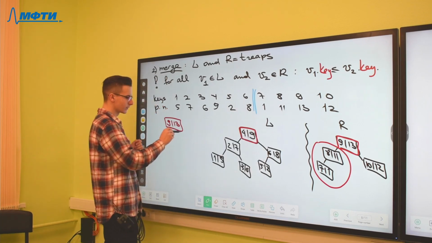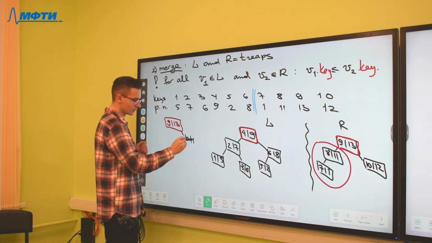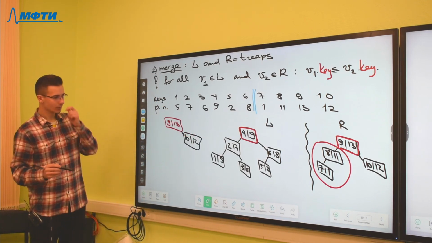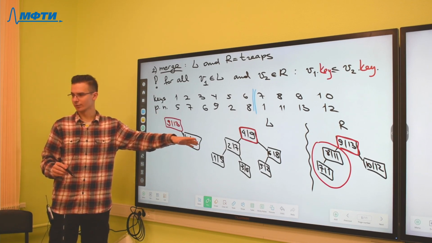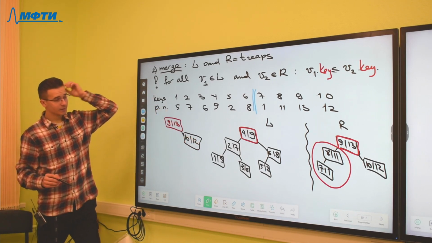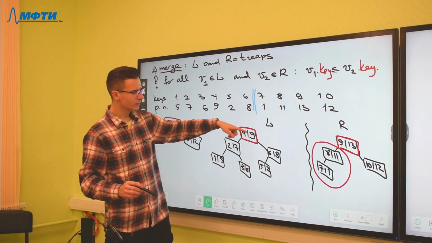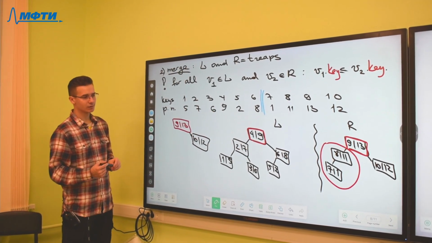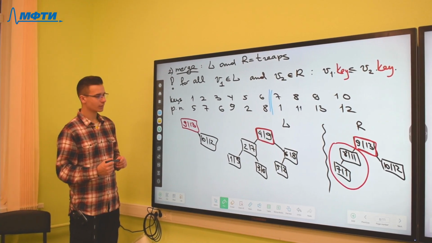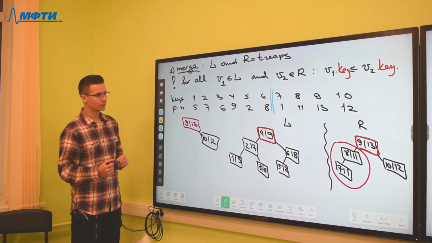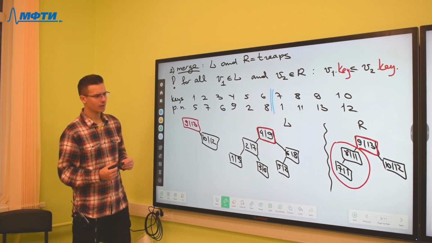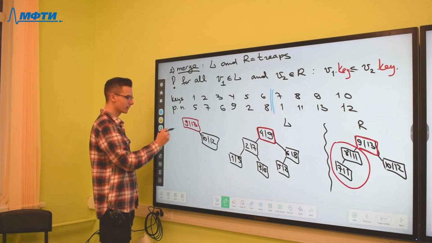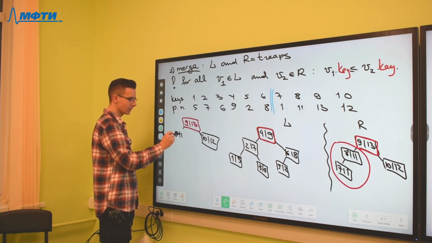So I write here 10, 12. It is the right subtree of the new one. And then I compare this node with this node. I see that 8, 11 is smaller, yeah, 11 is smaller than 9, so I write here 8, 11.